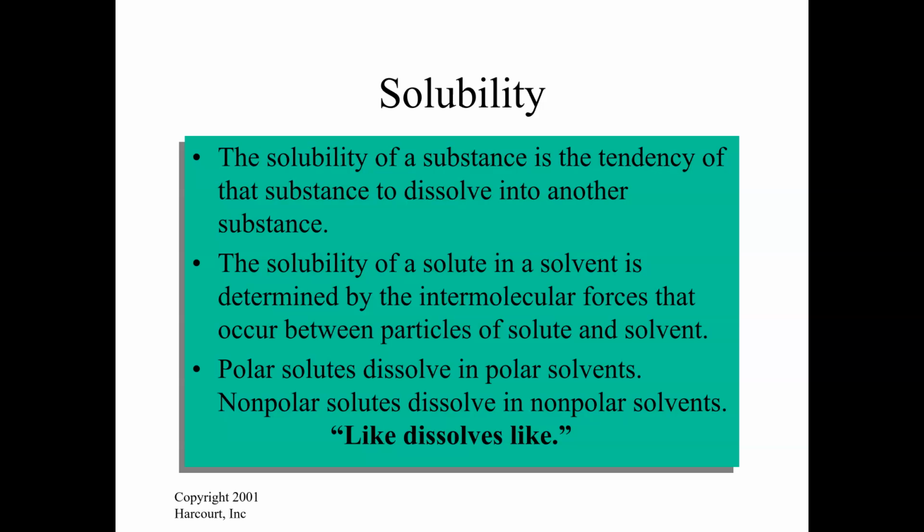Those things are very similar. They have negative and positive sides to them. Those two things are alike. So we use this little phrase called like dissolves like. Polar things will dissolve in polar, and nonpolar things will dissolve in nonpolar things.